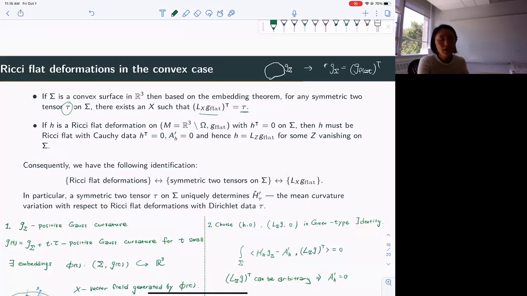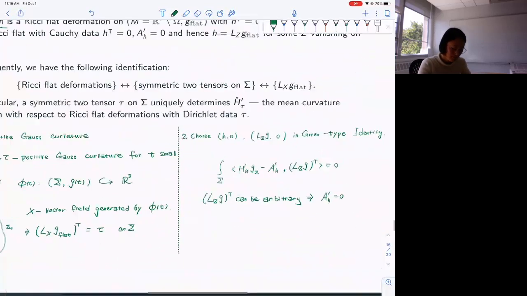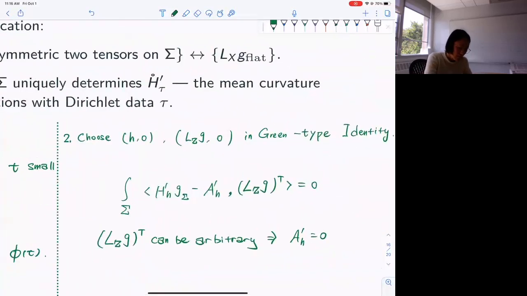The second observation is that if we are given h, a Ricci flat deformation in the exterior region, and if h has zero Dirichlet data, then h must be trivial, that is, a diffeomorphism deformation. Here is the reason. Now h is a Ricci flat deformation. We can compare h with the zero function, so (h, 0) is a static vacuum deformation.